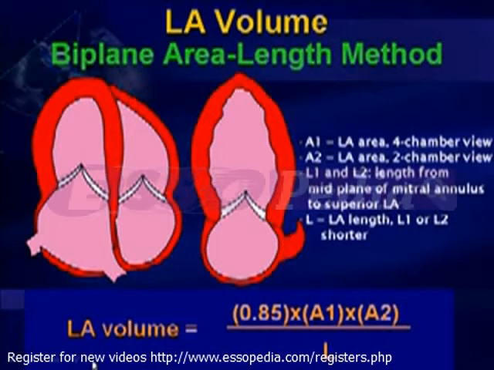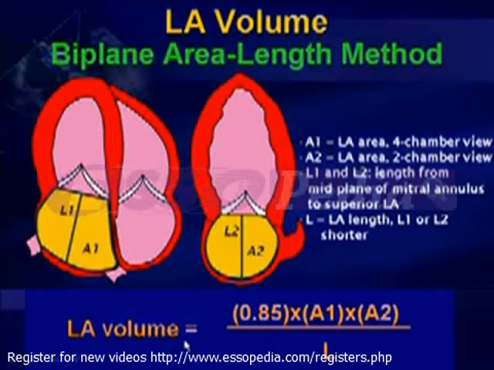And the Guidelines and Standards document from the American Society of Echocardiography on chamber quantification recommends that a volume-based measure of LA size be performed, and they recommend using either the biplane Simpson's method or, as illustrated here, the biplane area length method, where we look at the four-chamber view, we trace the area of the left atrium, being sure to avoid the confluences of the pulmonary vein, and then we measure the length. We look at the two-chamber view, we measure the area, being sure to avoid here the left atrial appendage, and then we measure the length.